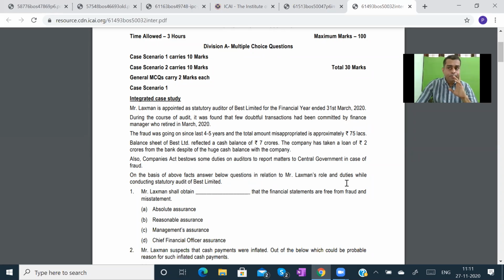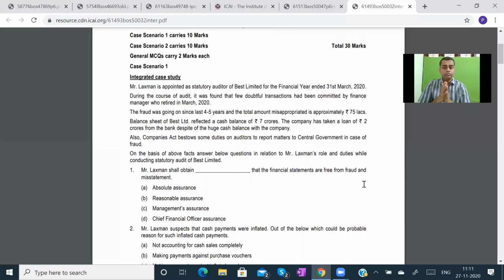The balance sheet of BEST Limited reflected a cash balance of rupees 7 crores. The company had taken a loan of 2 crores from the bank despite the huge cash balance with the company. Also, the Companies Act bestows some duties on the auditor to report matters to the central government in case of fraud. On the basis of the above facts, answer the questions below in relation to Mr. Lakshman's role and duties while conducting the statutory audit of BEST Limited.